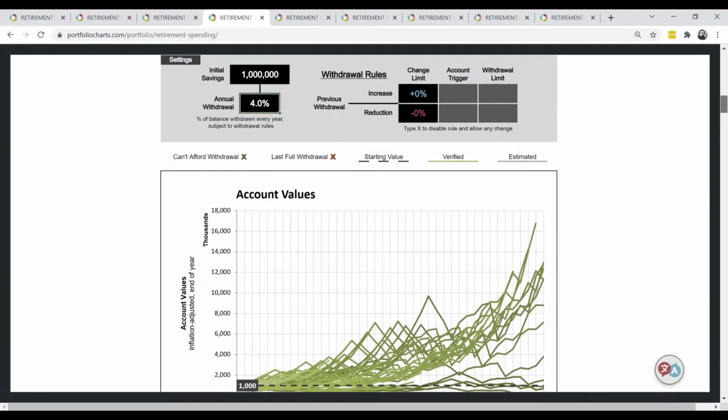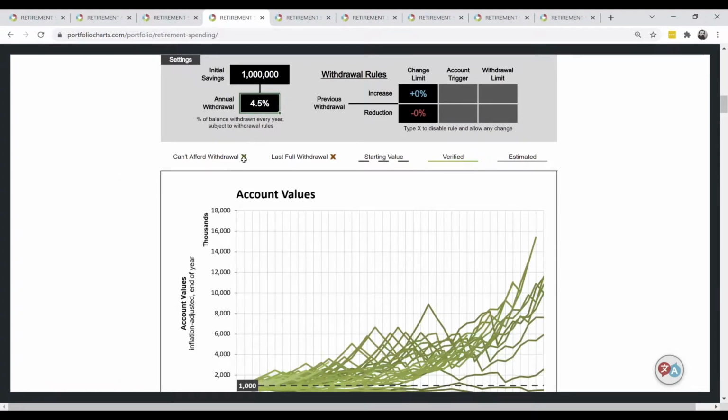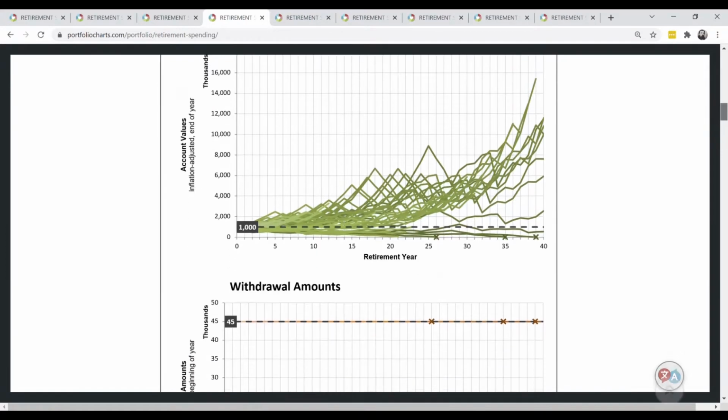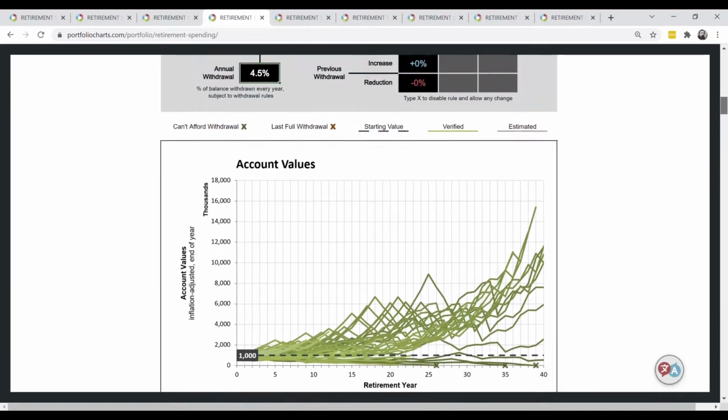And the reason it survives at 4 is because this database does not take into account those 3 or 4 years before 1970, which gave you the worst year. Obviously, a 450% withdrawal rate is not going to work. 4.5 with this, you're getting some failures there. This is a 100% stock portfolio.